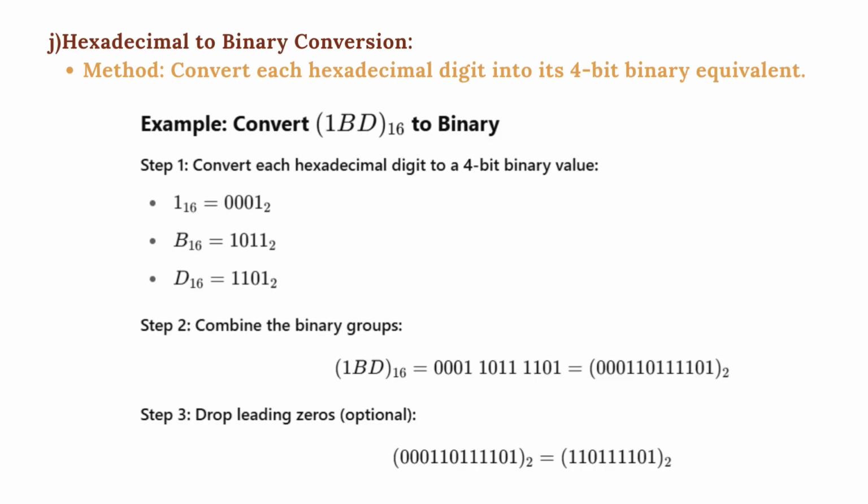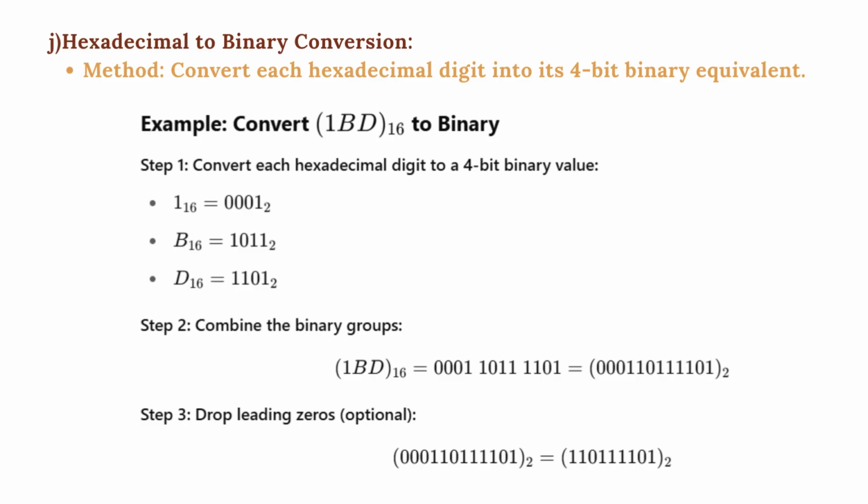Next conversion is hexadecimal to binary conversion. Convert each hexadecimal digit into its 4-bit binary equivalent. Convert 1BD to binary. Step 1 is to convert each hexadecimal digit to the 4-bit binary value. 1 is 0001, B is 1011, D is 1101.